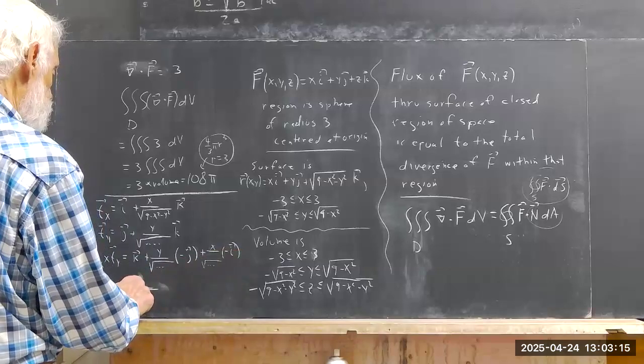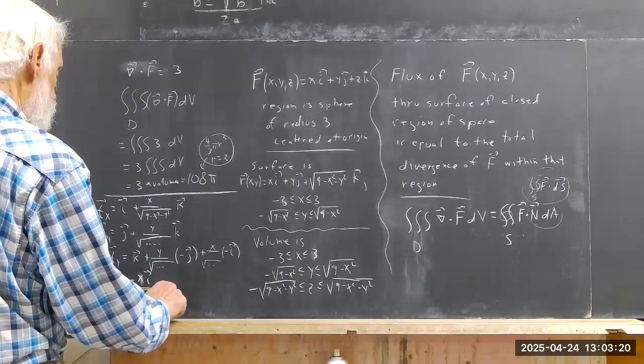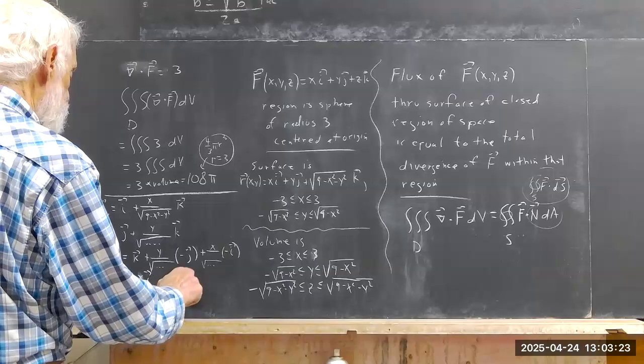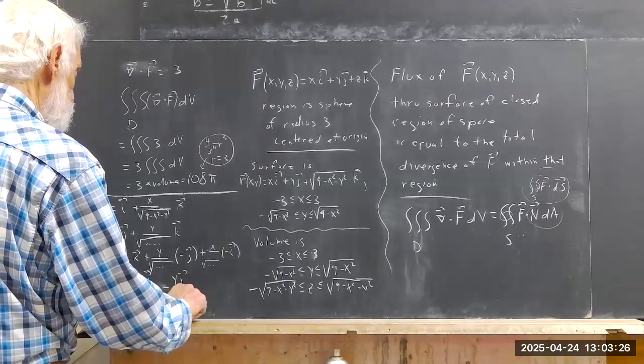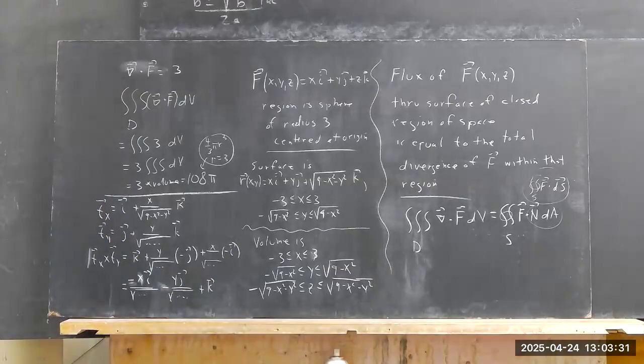Okay, I mean, it's negative x i minus y j over that square root plus k. Give you a second to process that and make sure I didn't do something stupid.